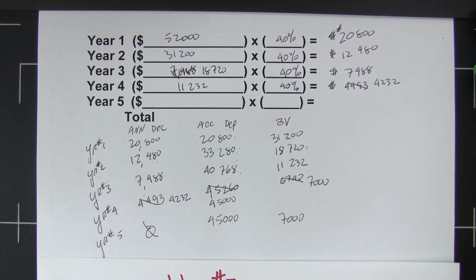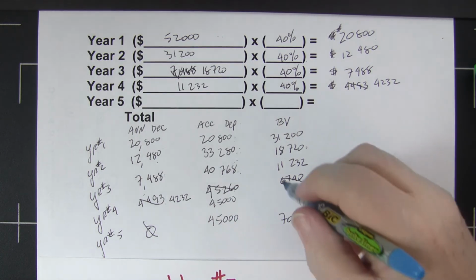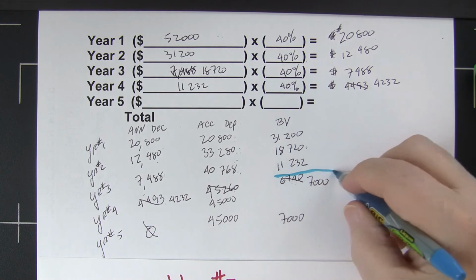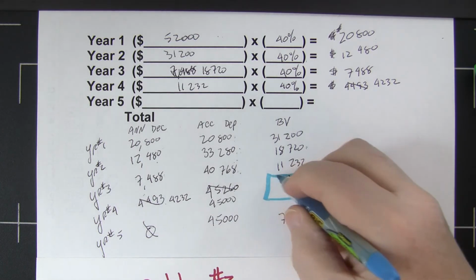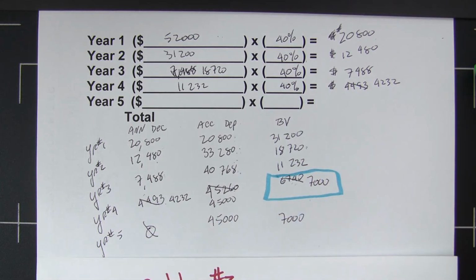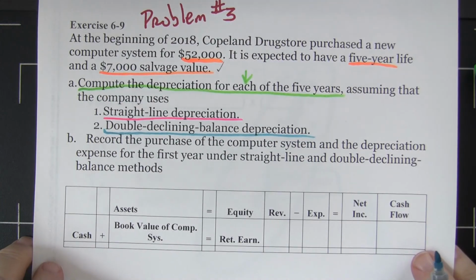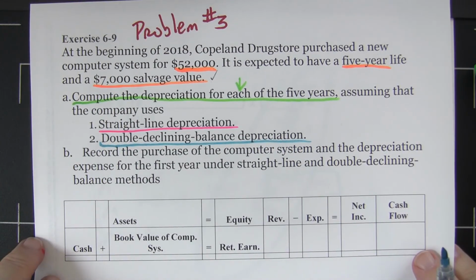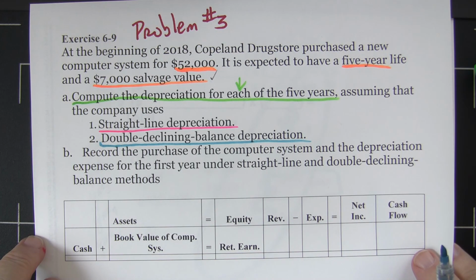I know that's a little confusing, but what you have to just think about is that this $7,000 is a big old stop sign. Once we get there, we have to stop because they tell us that's the salvage value. When we get there, we have to stop.